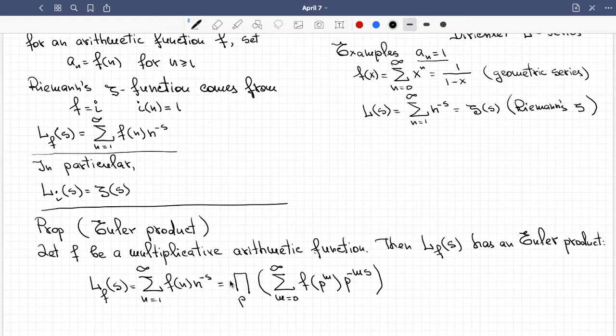So I will remark here that this is notation.